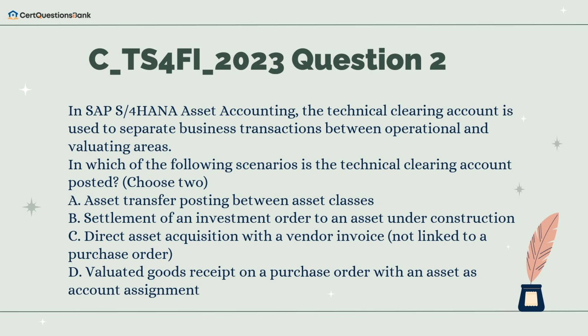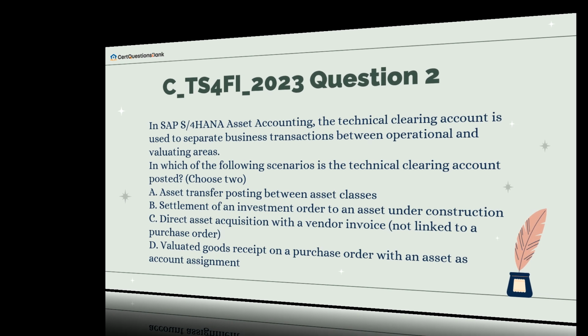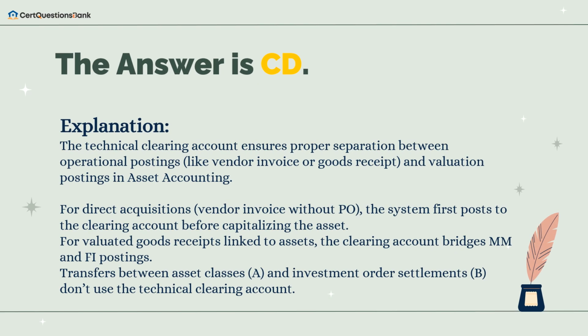B. Settlement of an investment order to an asset under construction. C. Direct asset acquisition with a vendor invoice, not linked to a purchase order. D. Valuated goods receipt on a purchase order with an asset as account assignment. The answer is CD.